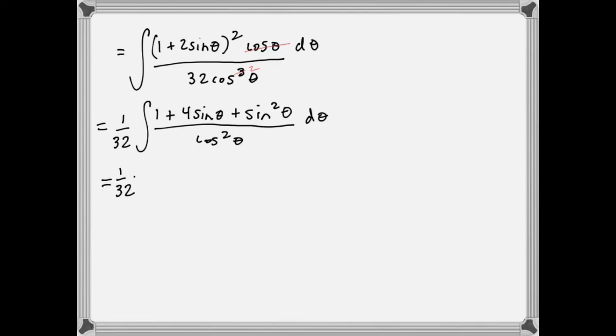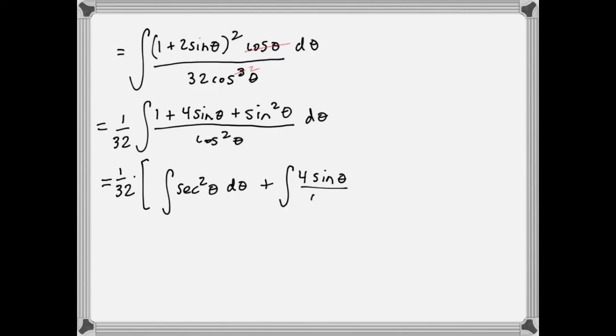So I have the integral of 1 over cosine squared, which I'm going to write as secant squared, plus, I'm going to leave the 4 inside just to be easy here. So I have sine theta over cosine squared theta.